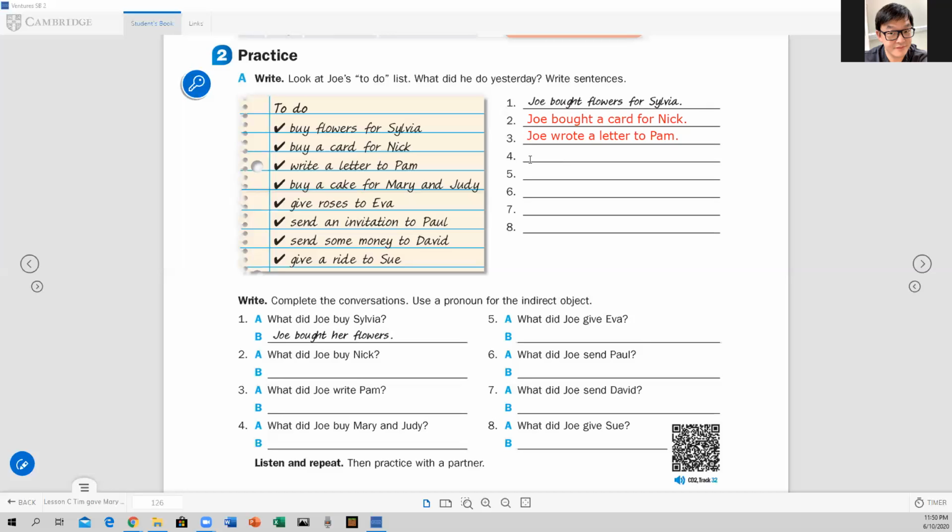Having a hard time? Continuing, number four, buy a cake for Mary and Judy. So number four, Joe bought a cake for Mary and Judy.